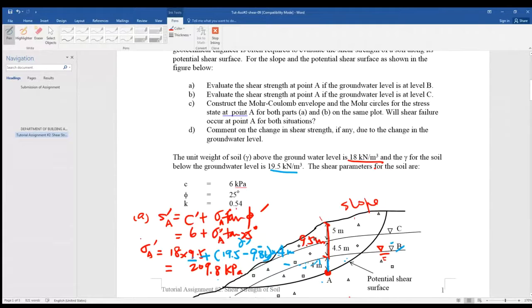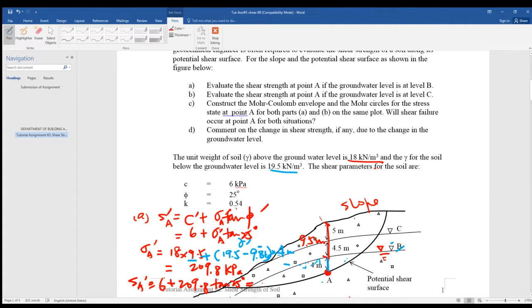So once you have got the effective stress at A, you can work out S_A, right? Equals 6 plus 209.8 times tangent 25, right?